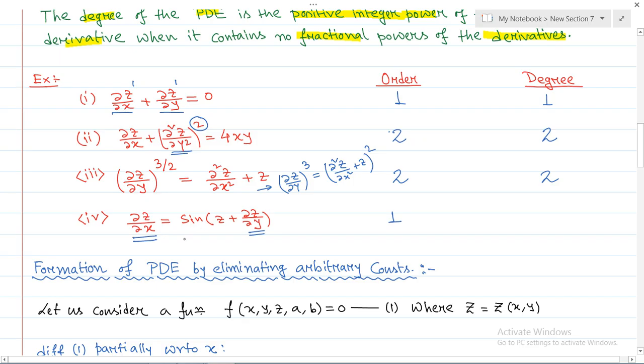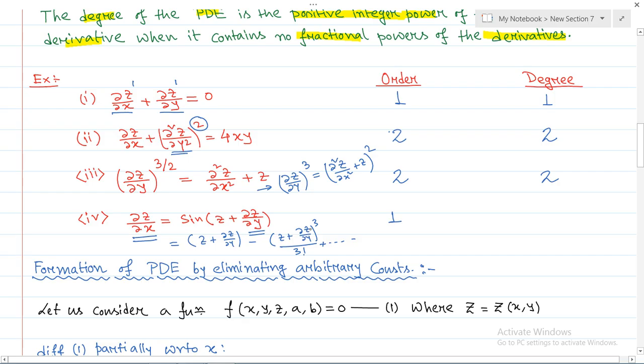But how to find out the degree? If we write down the sine z expansion on the right-hand side, we have ∂z/∂y minus (∂z/∂y)³ by 3 factorial and so on, because this expression comes from the Taylor series expansion. So on the right-hand side we can see the power of ∂z/∂y gradually rises.